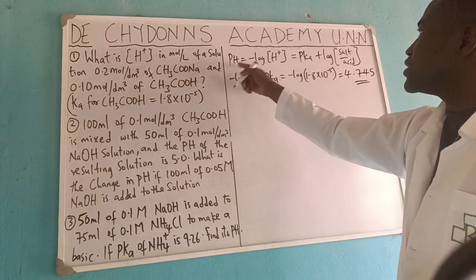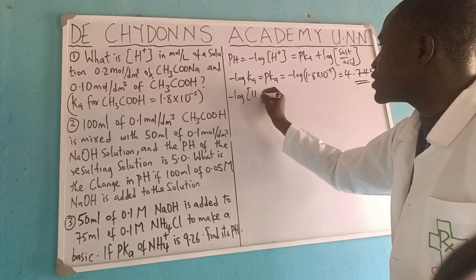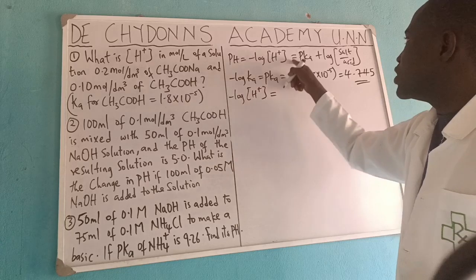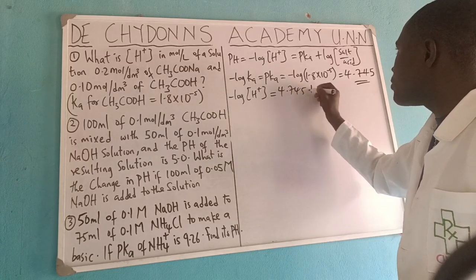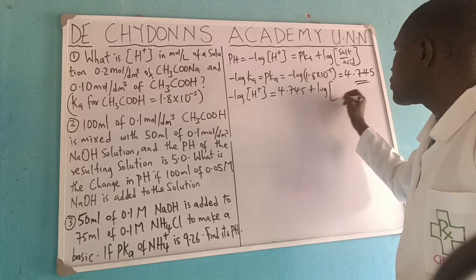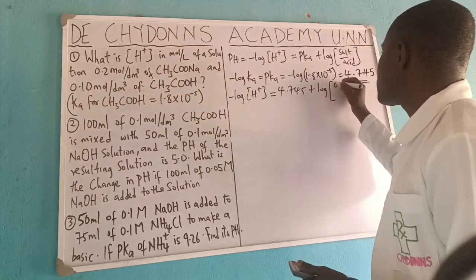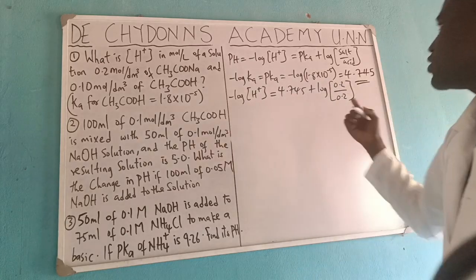Since pH is this, I will now say minus log of hydrogen ion concentration, which is your pH, is equal to 4.745 plus log of the salt over the acid, 0.2 all over 0.2. Can you see it now?